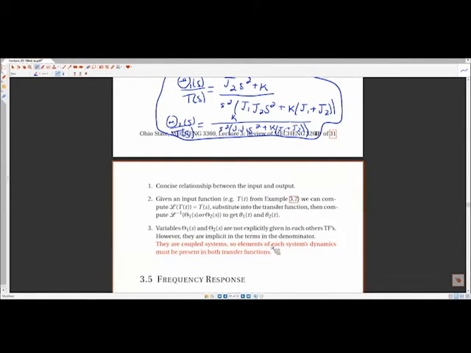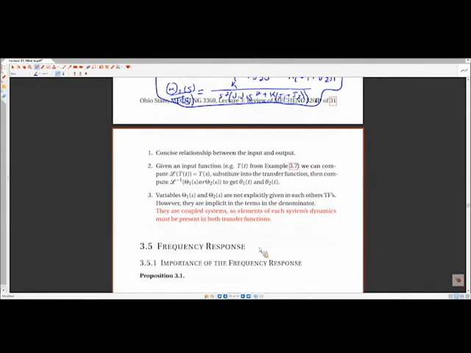Then a note about theta 1 and theta 2: if we look up at their transfer functions, theta 1 is not explicitly written out as a function of theta 2 and vice versa, but they have similar dynamics in that they both have the same pole locations. All right, so then let's move on to frequency response.